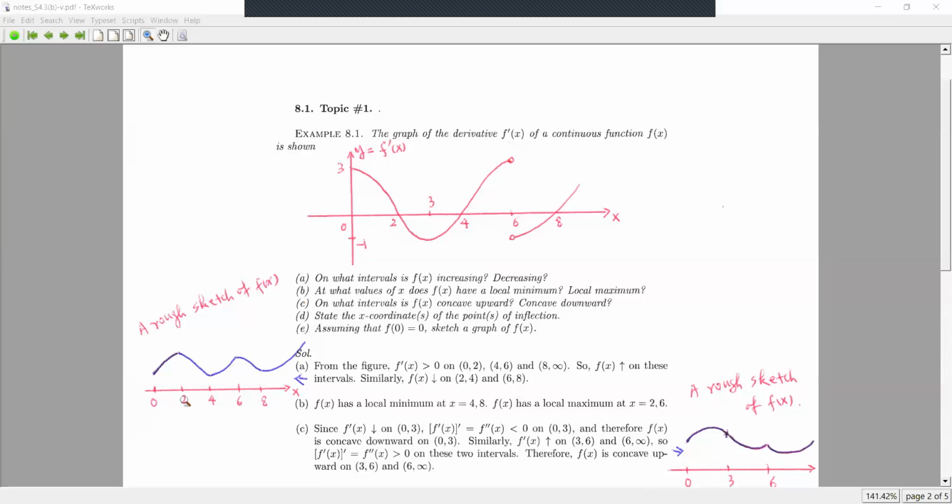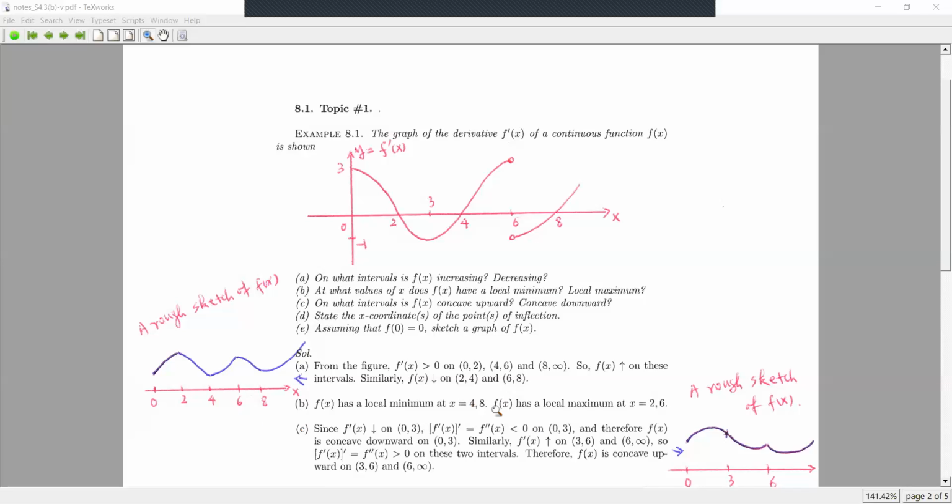When x is 2, I can see that the curve has a highest point locally. And also at 6, the curve has a highest point. So at 2 and 6, the function f has local maximum. Here, function f has a local maximum at 2 and 6.